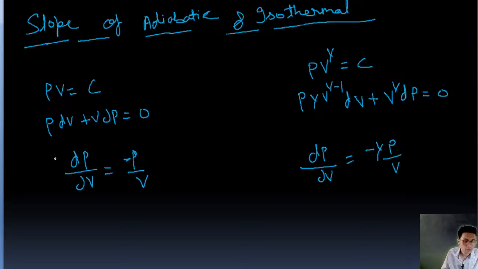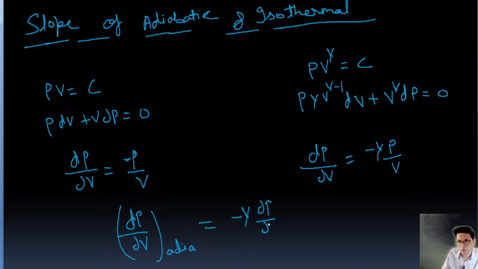Well, so from here we can say the dP upon dV of adiabatic is equal to minus gamma times dP upon dV of isothermal, right?